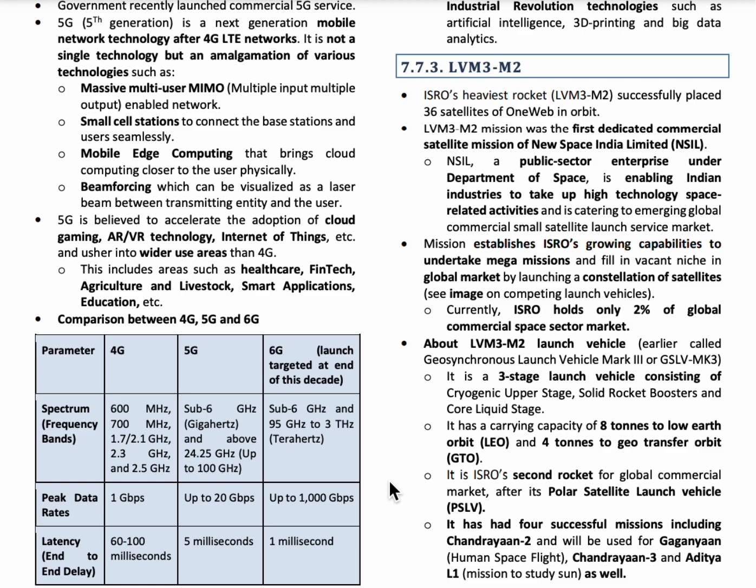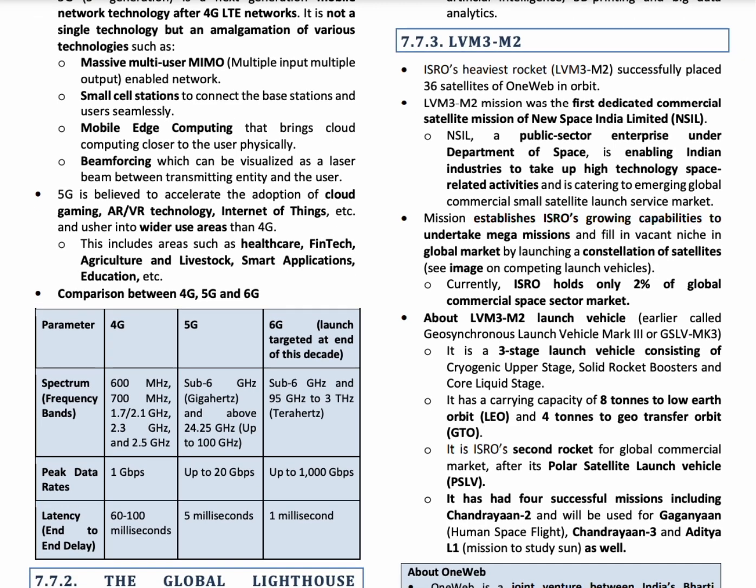The next topic is LVM3-M2. It is the first commercial satellite mission of New Space India Limited, which is a branch under the Department of Space. The LVM3 launch vehicle is a 3-stage launch vehicle consisting of a cryogenic upper stage, solid rocket boosters and a core liquid stage.